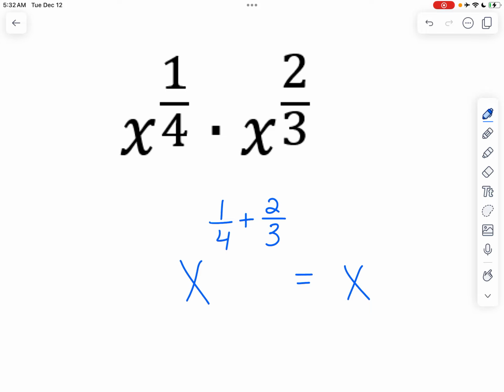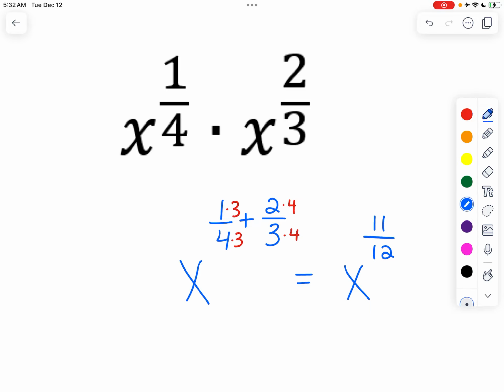You should get 11 over 12. Again, if you're not using a calculator, you'd multiply 1/4 by 3 over 3 to get 3/12, and 2/3 by 4 over 4 to get 8/12. 3/12 plus 8/12 would be 11/12. But again, you would do that in your calculator.